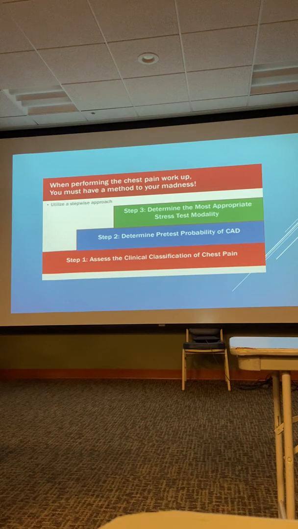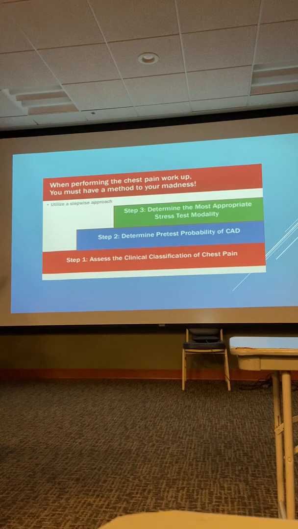If you have a 20-year-old who has anxiety, the likelihood of having coronary disease is really, really low. If you start doing stress testing on patients like that, with very low risk of coronary disease, you start getting a lot of false positive tests in your patient population. So we'll discuss that a little bit.